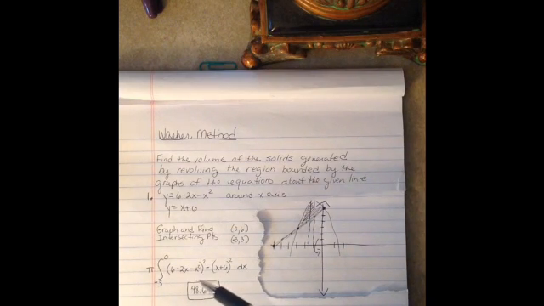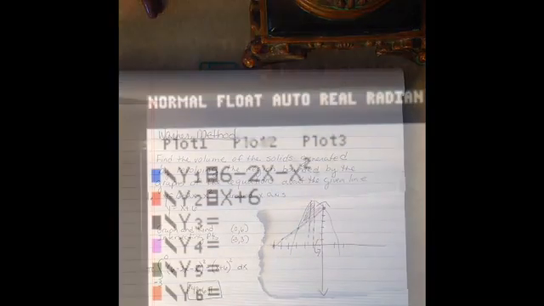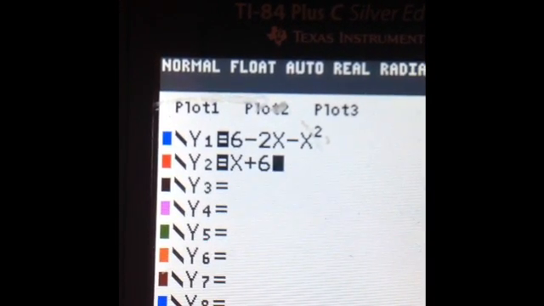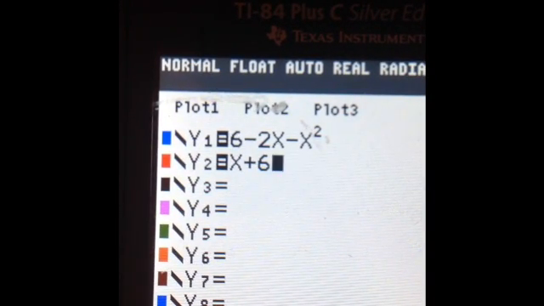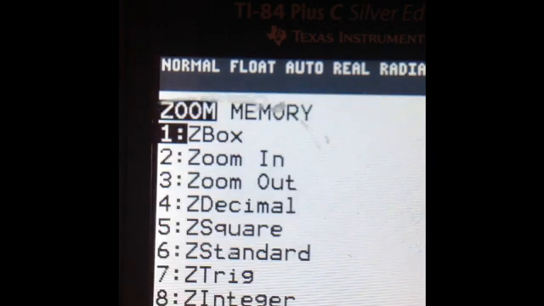And I'm going to show you the calculator of that just so if you're having any problems with that. So here are our two functions that we were given. And we're going to graph.